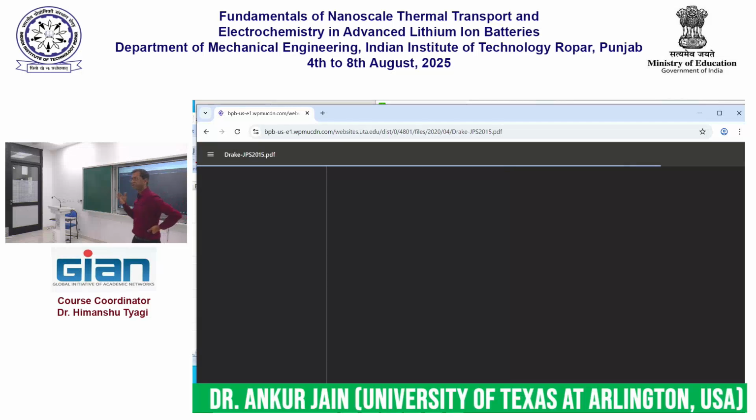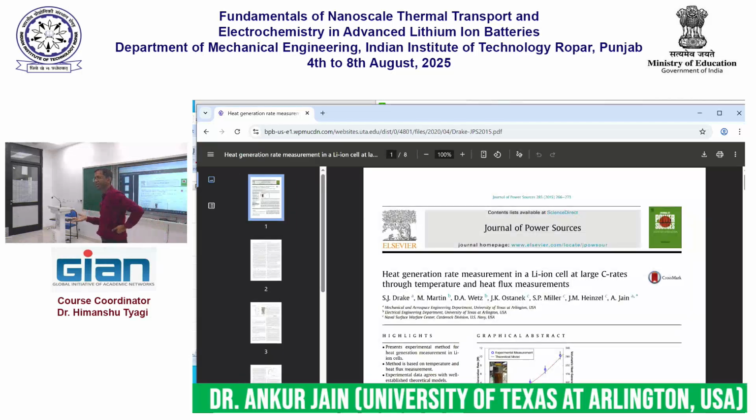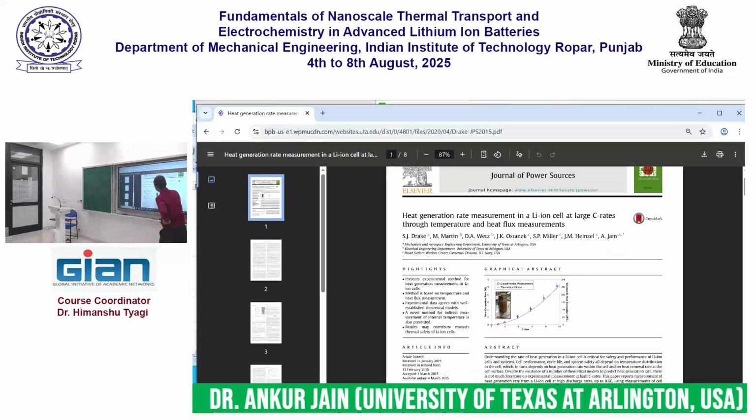In this paper, we measured the heat generation rate of a lithium ion cell as a function of its discharge rate. As you can guess, the amount of current passing through the cell really determines how much heat it generates. The more current that passes through it, the more heat you expect it to generate, because typically heat losses are given by I square R. So as the current goes up, more and more heat will be generated. That is exactly what we had done in this paper, and here is roughly the data.